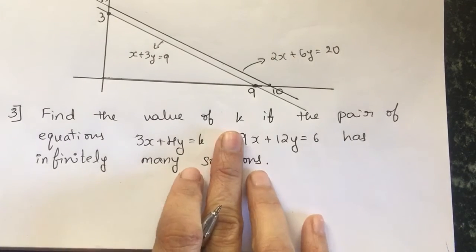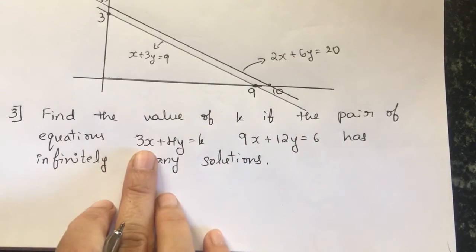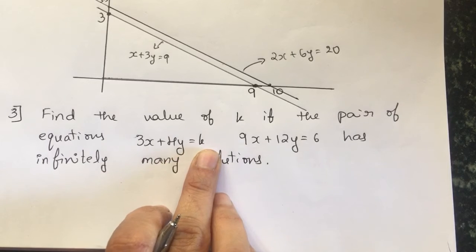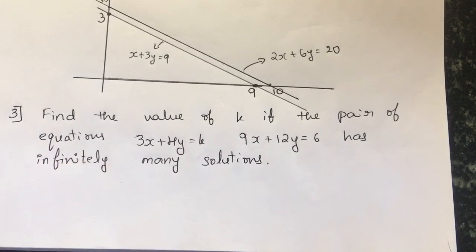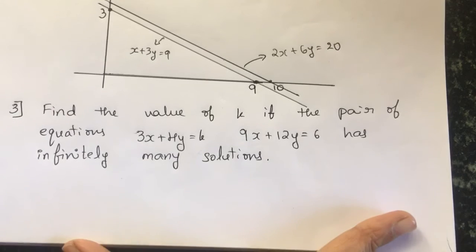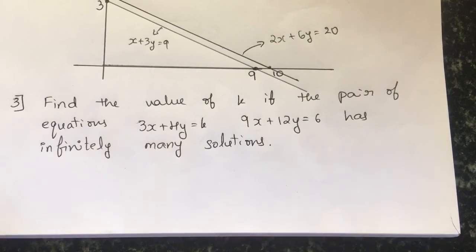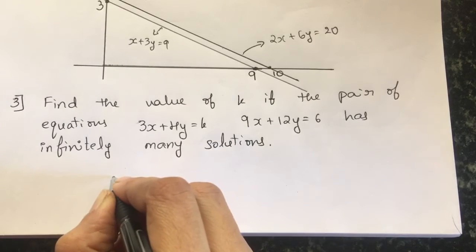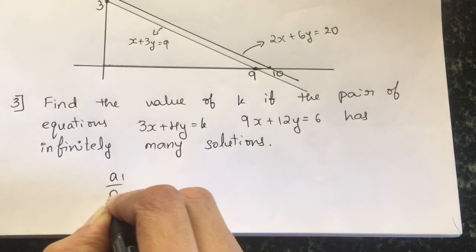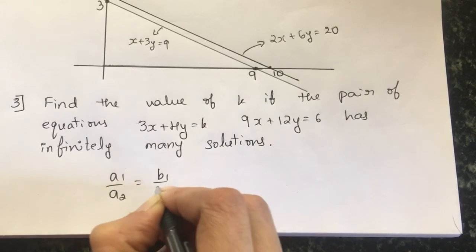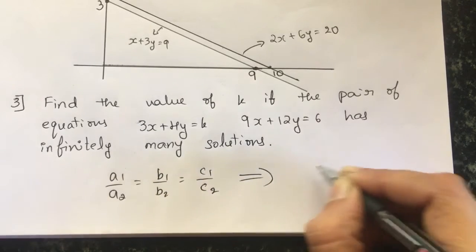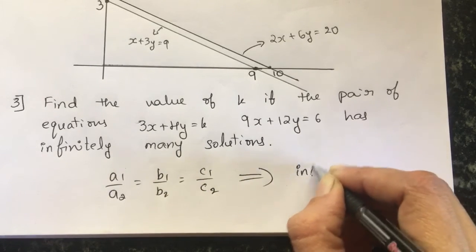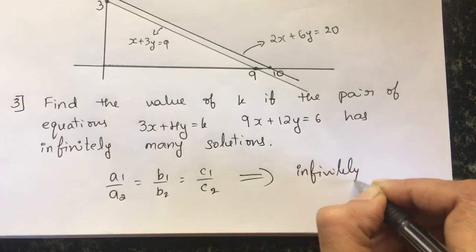Find the value of k if the pair of equations 3x plus 4y equal to k, 9x plus 12y equal to 6 has infinitely many solutions. We know when this pair of equations has infinitely many solutions: if a1 by a2 is equal to b1 by b2 equal to c1 by c2, then you will have infinitely many solutions, right?